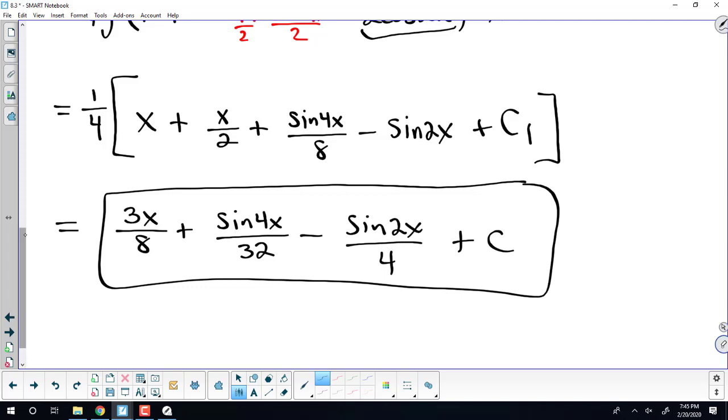Same exact procedure for cosine to the 4th or whatever. Do y'all have any questions there on that one?